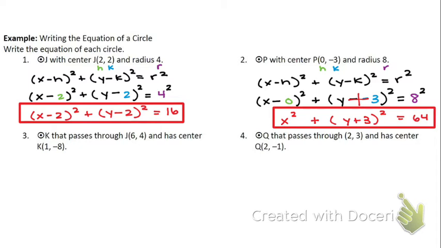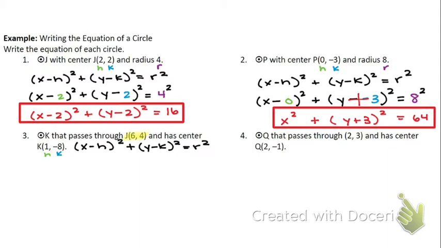If I want to use my formula, I need x minus h squared plus y minus k squared equals r squared. They gave me my center, which of course is h comma k here. However, like they've done on number 1 and 2, they did not give me my r. They did, however, give me this coordinate right here.